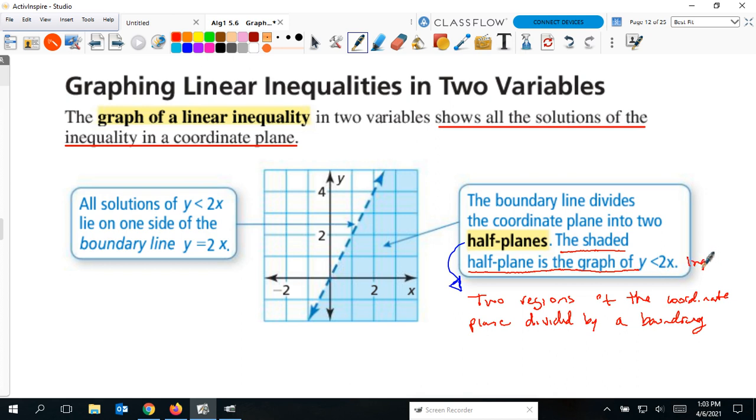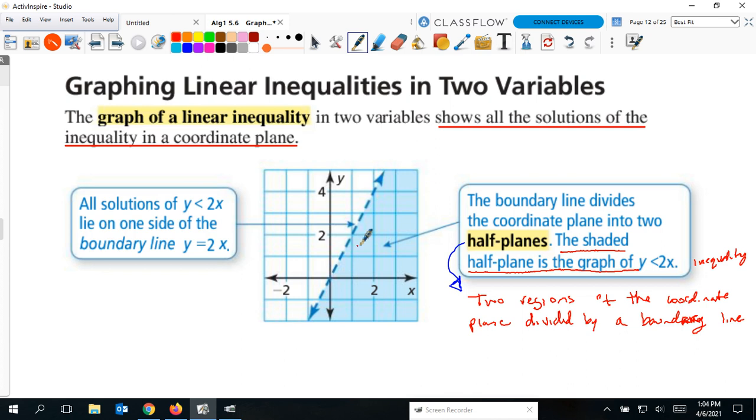So you can put down for half plane: 2 regions of the coordinate plane divided by a boundary line. Yeah, that's an A-R-Y.